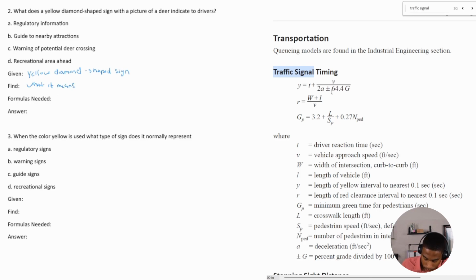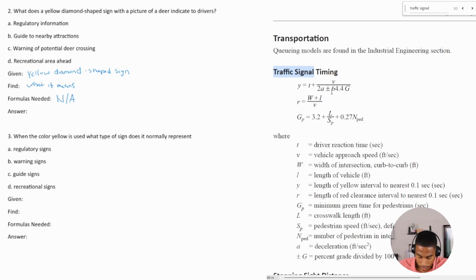Are there any formulas needed? No. This is kind of like prior knowledge. We're just thinking logically, right? Got a deer on a sign. Regulatory information. That, in my opinion, means stop. Like a stop sign.